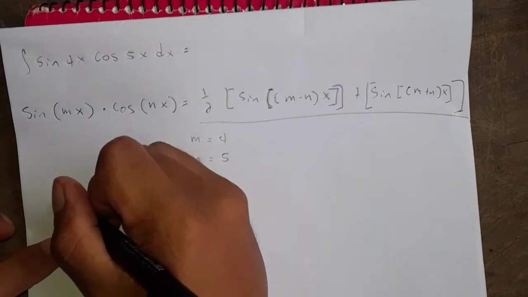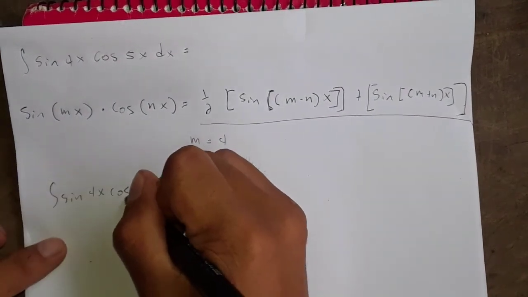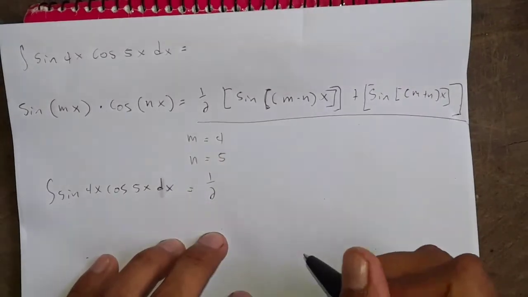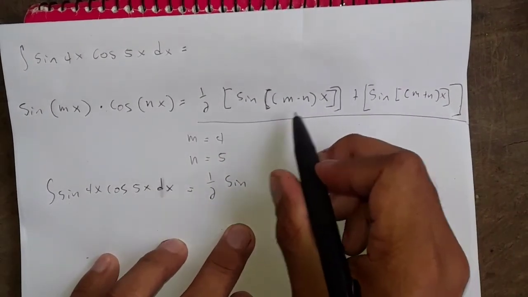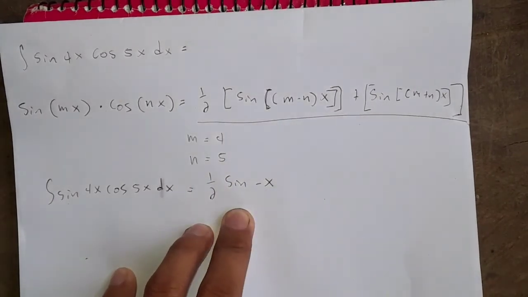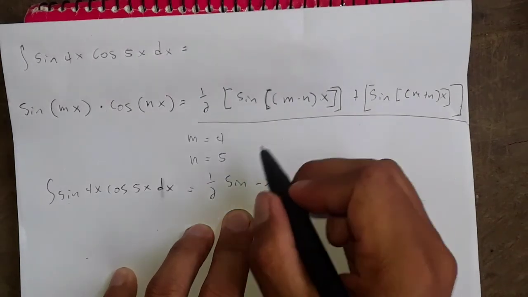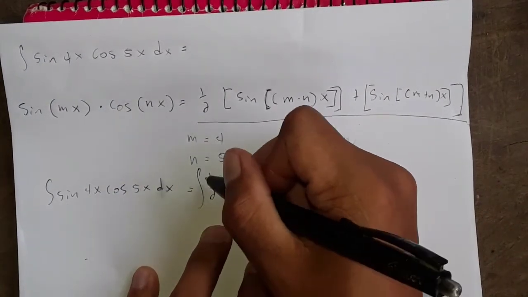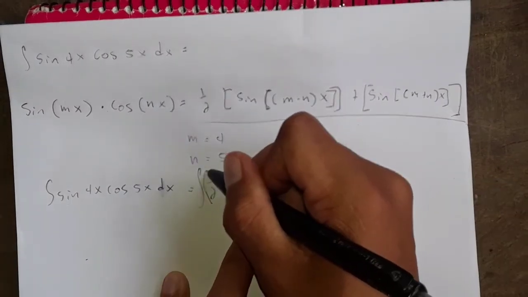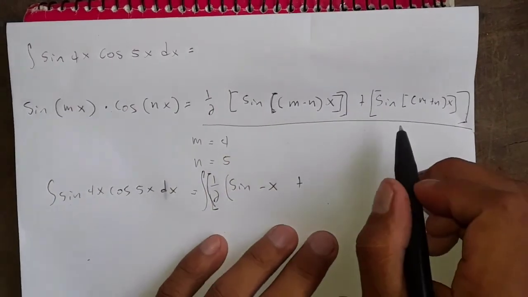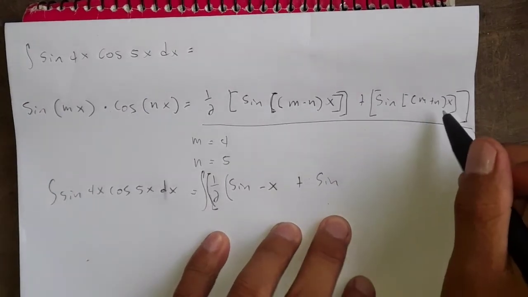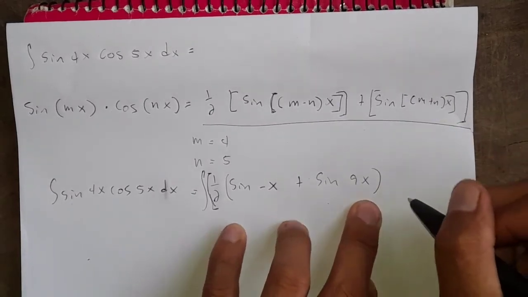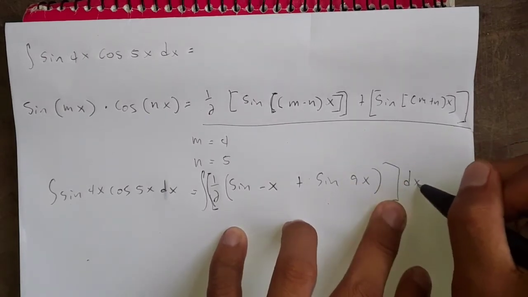So the integral of sine 4x times cosine of 5x dx is equal to 1/2 times sine of m minus n, which is negative x, since 4 minus 5 is negative 1, plus sine of m plus n, which becomes 9 times x, dx.